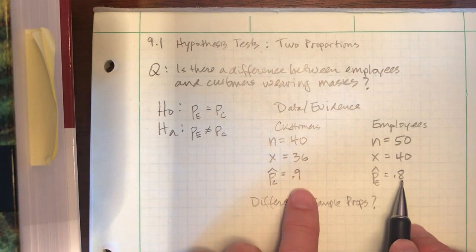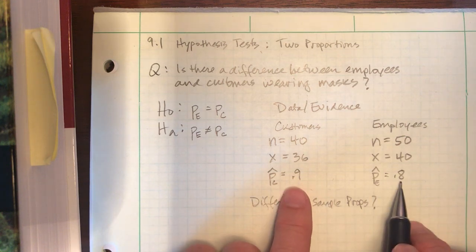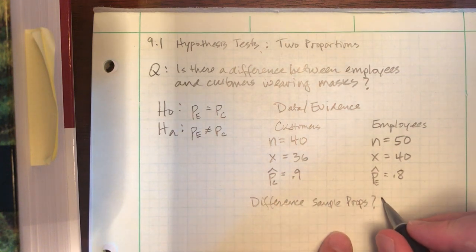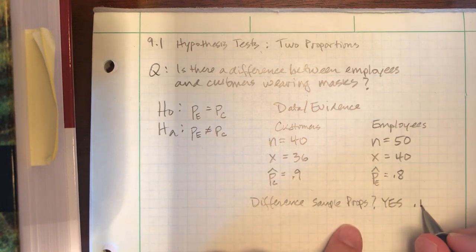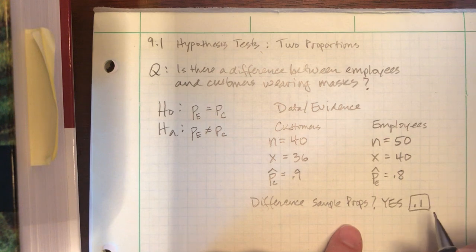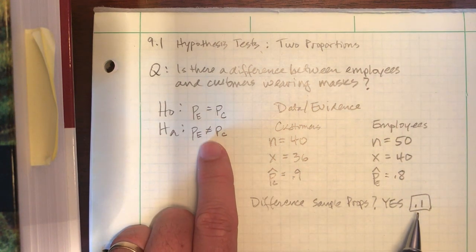My two sample proportions, is there a difference? Clearly there is. And that's my point estimate. There's a difference of 10%. And so the answer is yes. 0.9 minus 0.8 is 0.1. So there is a difference. So right now, my evidence should always support my alternative. Yeah, they're not the same.